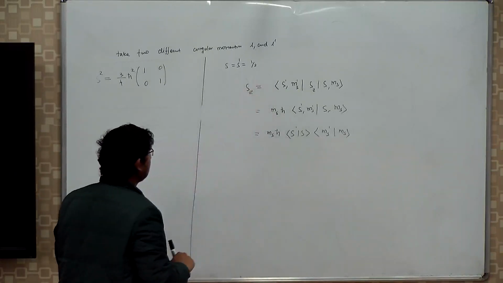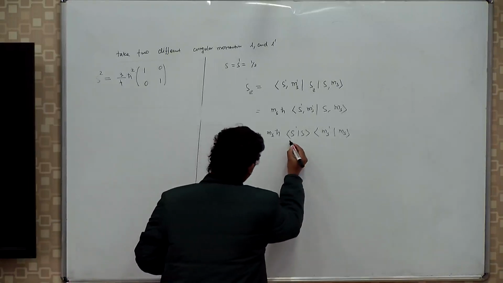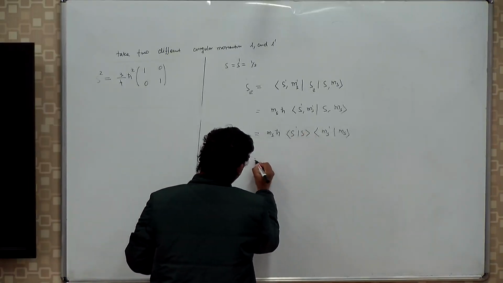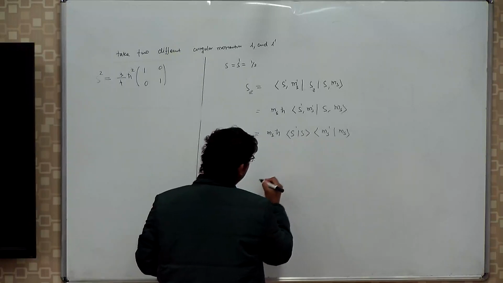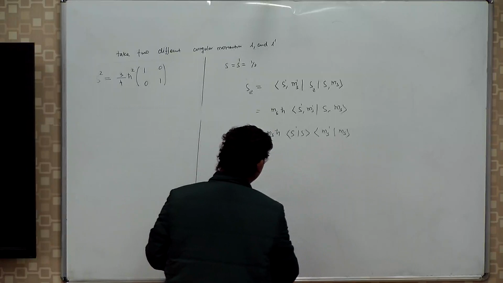If we apply s equal to s dash equal to 1/2, then this value will be 1. Then we have the matrix between m_s dash and m_s.